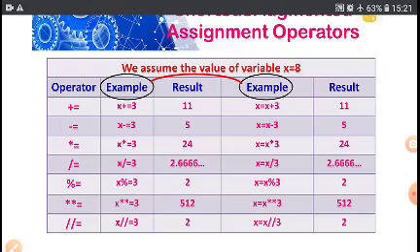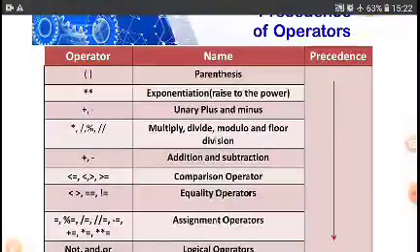In the second example, x minus equal to 3, result is 5. You can write in expanded form, x is equal to x minus 3, that is 5. In the first column operators are given, then the example. This is written in shortcut form and this is written in expanded form. But the output is the same. You can use either as per your choice.